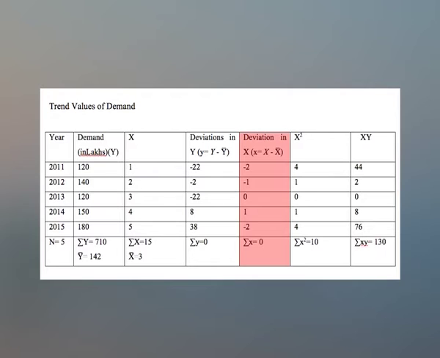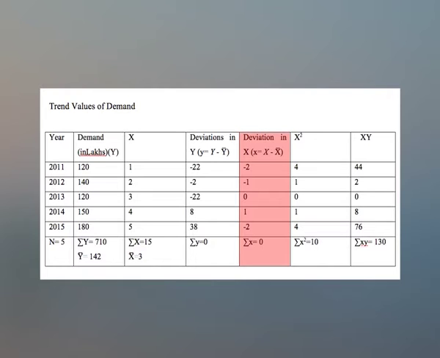Now we will see the next column, which is deviations in x, which is calculated the same way we have calculated the deviations in y. The formula for calculating this is x is equal to x minus x bar. So for the year 2011, we will have minus 2. For the year 2012, we have minus 1, then we have 0, then we have 1, then finally for the year 2015, we have 2.